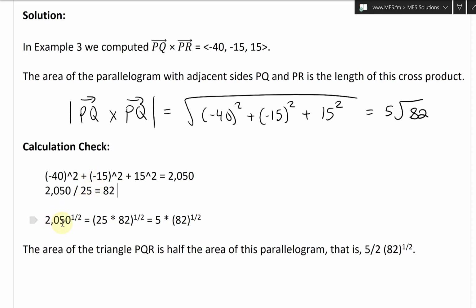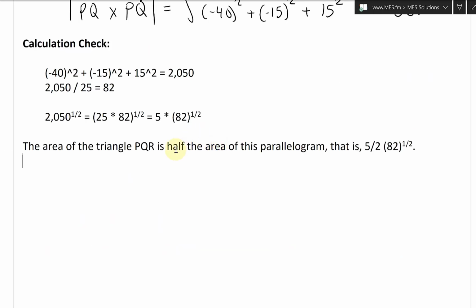So the square root of 2050, or the power of 1/2, is just going to equal the square root of 25 times 82, since 25 times 82 is equal to 2050. And if you take the square root of 25, that's just 5, so that equals 5 times the square root of 82. So yes, 5 times square root of 82, like that, is what we have.